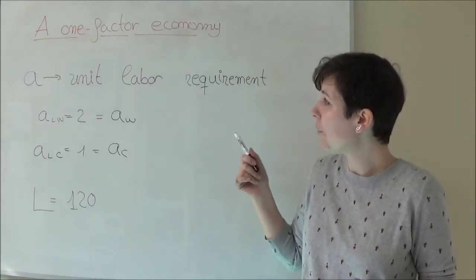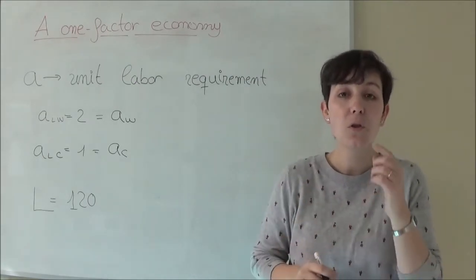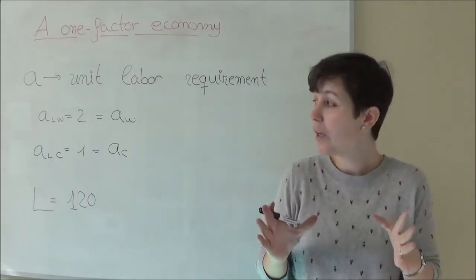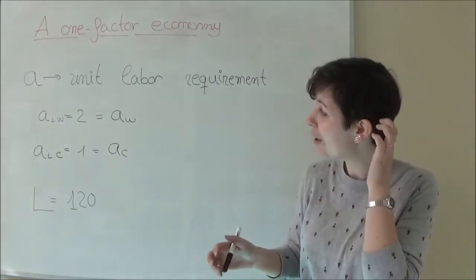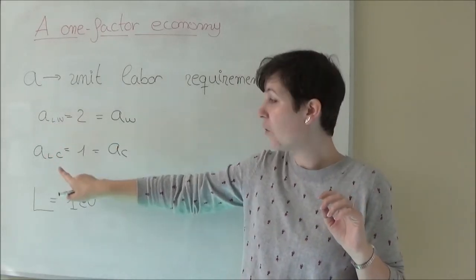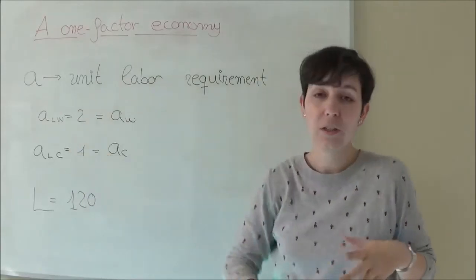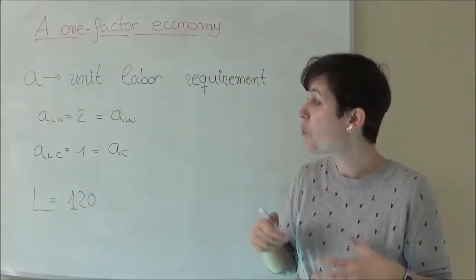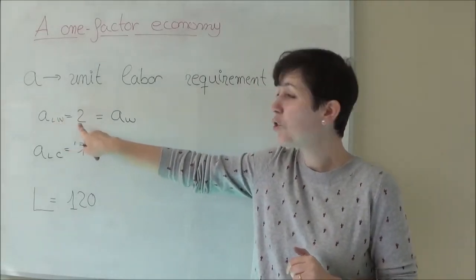So what is the unit labor requirement and why is it connected with technology and productivity? The unit labor requirement is the number of workers that you need to produce one unit of something. In our example, we are going to have one unit labor requirement for wine and another for cheese. This number 2, for instance, means that if you want to produce 1 unit of wine, you need 2 labors.